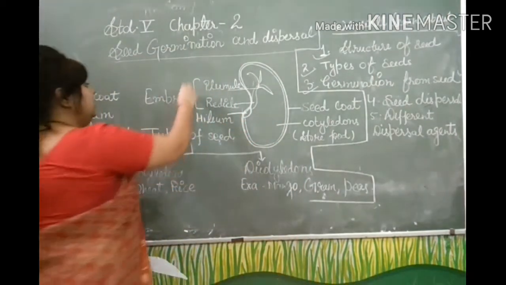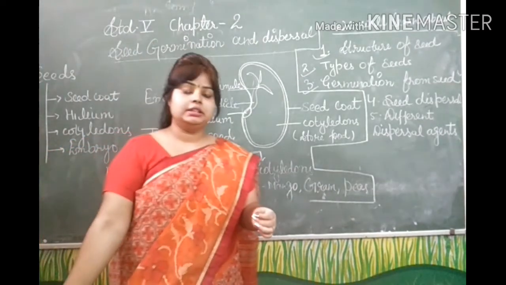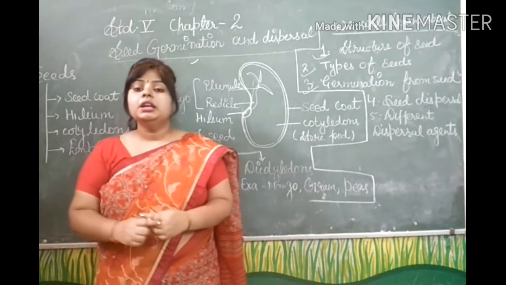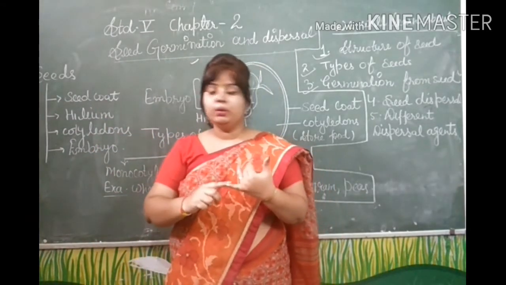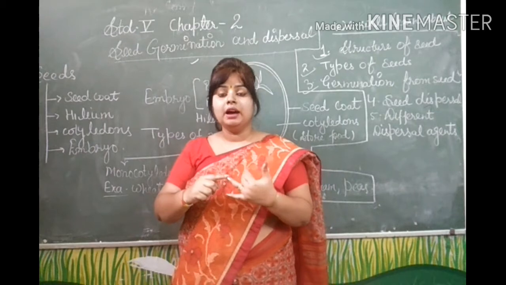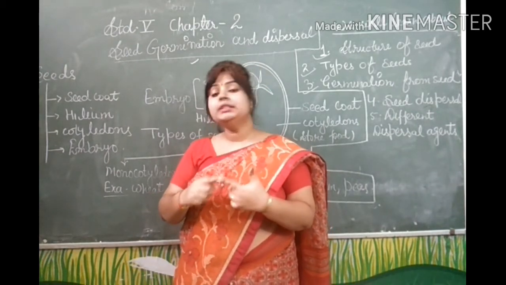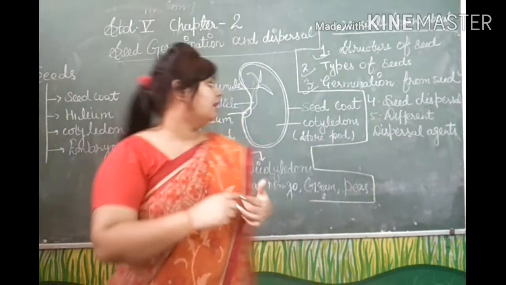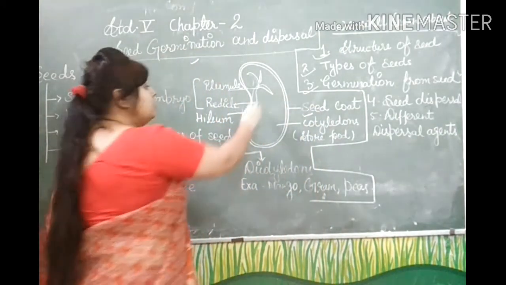Now, the topic is seed. Start with the structure of the seed. The structure of the seed is divided into many parts. First is seed coat, second is hilum, third is cotyledons, and fourth one is embryo. Now start with the first point, that is seed coat.